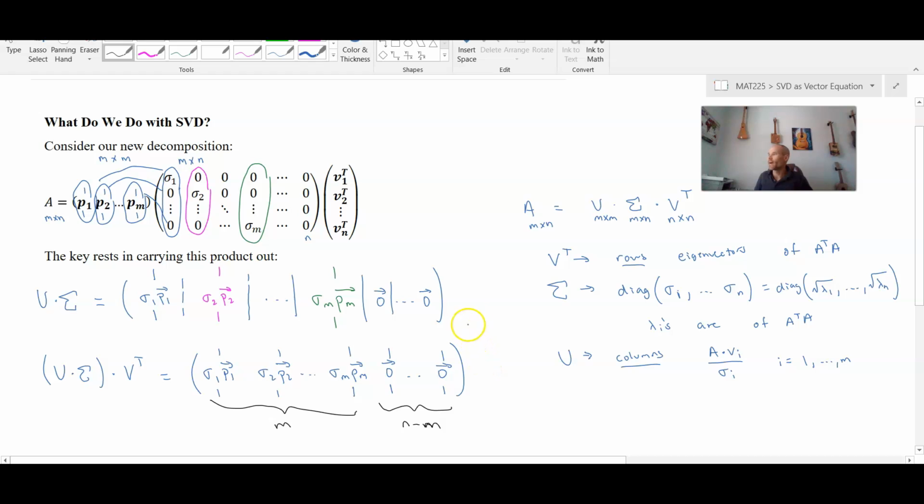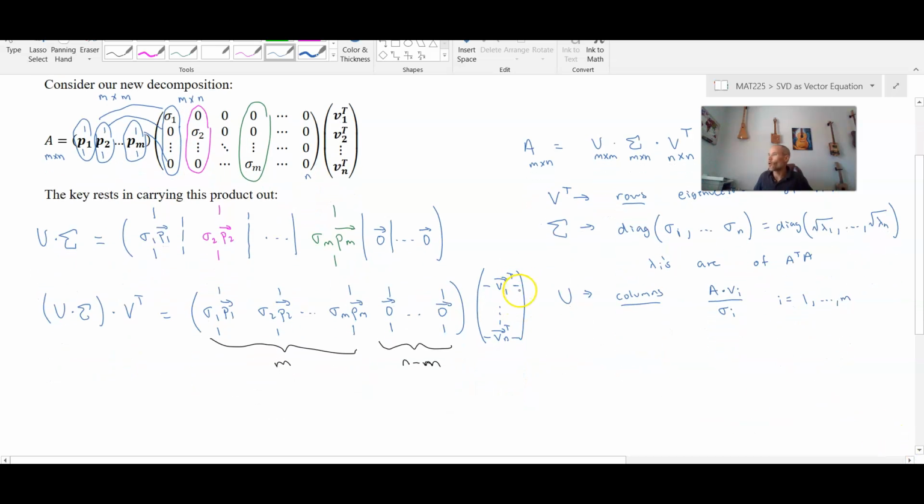And now I'm going to multiply that by the V matrix, which contains as its rows the transposes of the n eigenvectors, V1 transpose, it's going to be a row, all the way down to Vn transpose.